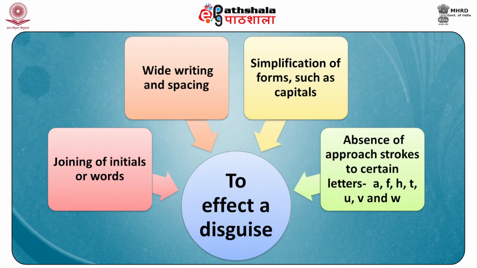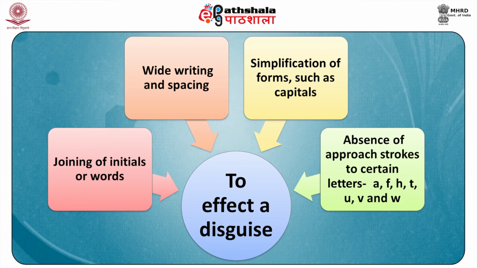In general communication, the more quickly the writing is written, the more natural it is. The following are also signs of naturalness when found in large bodies of writing, for example, a note or a letter. Number 6, joining of initials or words.